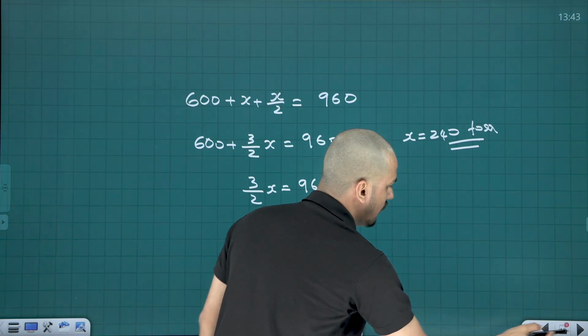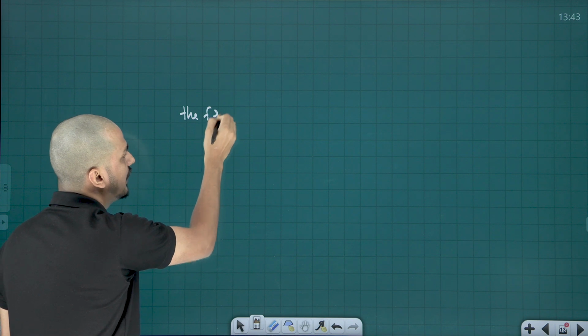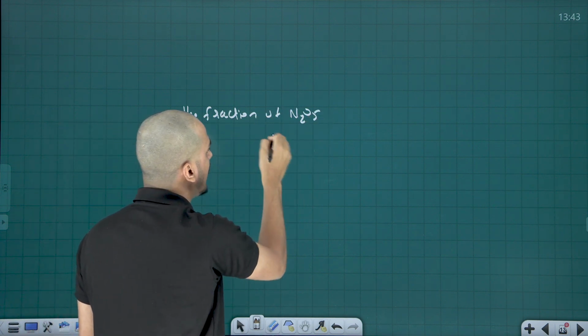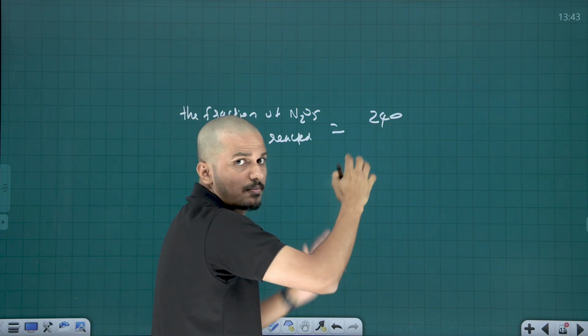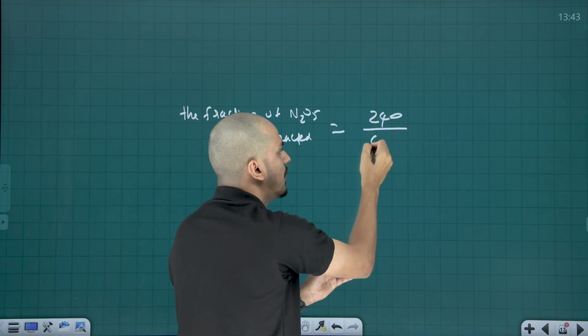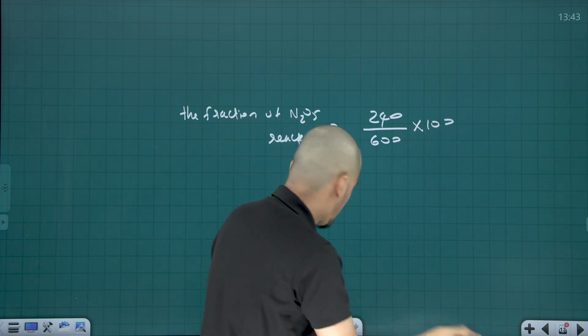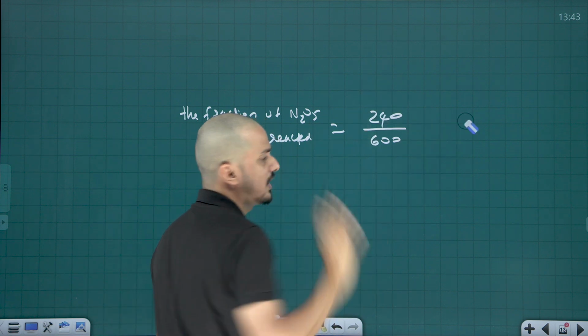So the fraction of N2O5 reacted is equal to 240, that much pressure reacted, divided by initially 600, into 100 for percentage. Fraction means no need to multiply with 100.